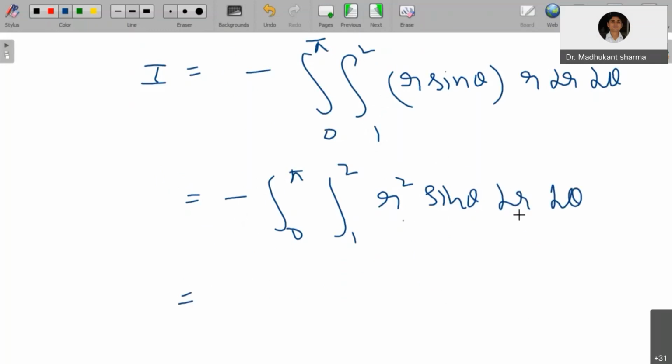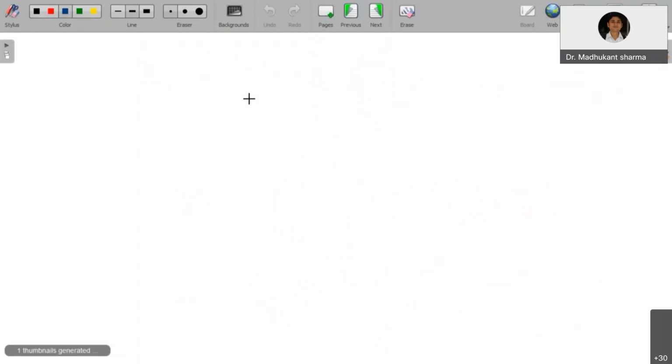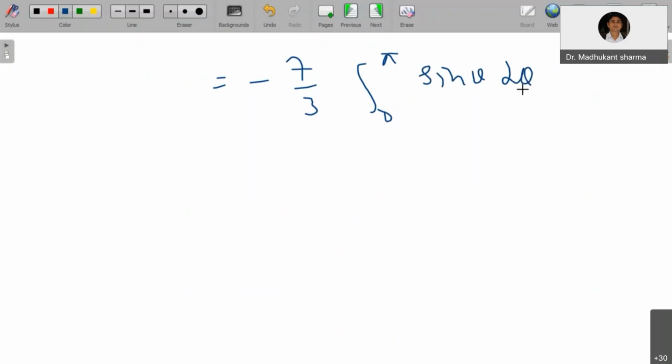When you integrate with respect to r, sin theta is a constant, so r cube by 3, so minus 1 by 3 integration 0 to pi, r cube from 1 to 2, sin theta d theta. Now 2 cube is 8, 8 minus 1 is 7, so it's minus 7 by 3 integration 0 to pi sin theta d theta.